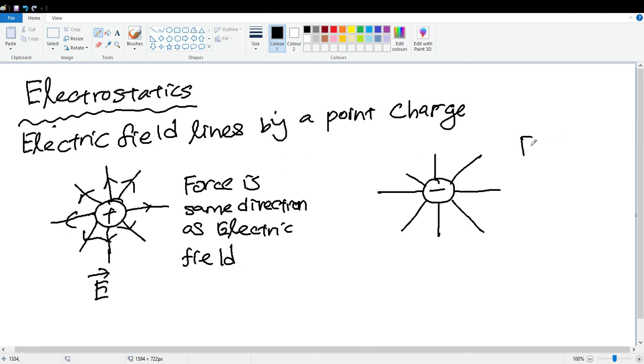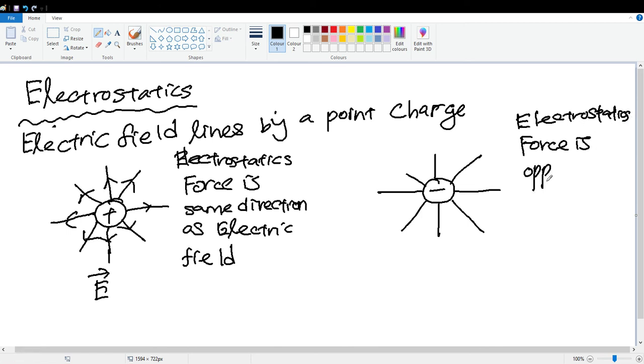For the negative charge, I should write it in the form of electrostatic force to be specific: the electrostatic force is in the opposite direction to the electric field.